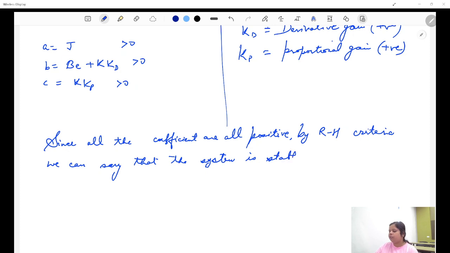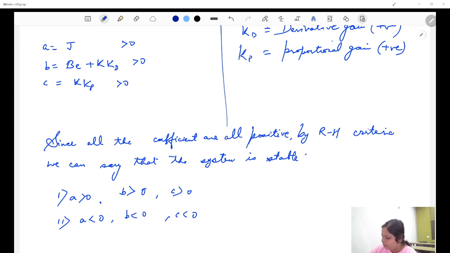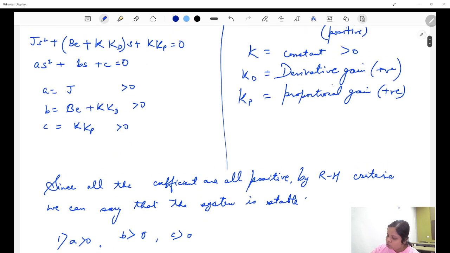So what was actually the requirement? If A is greater than 0, then B should also be greater than 0 and C should also be greater than 0. If A is less than 0, then B should also be less than 0 and C should also be less than 0. Essentially, all of them should be of the same sign. If you have a negative sign in all the coefficients, that negative does not matter because all the negatives will cancel out with 0 and you'll get just the positive signs.